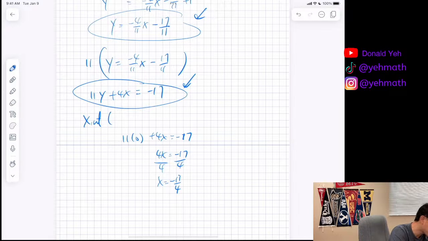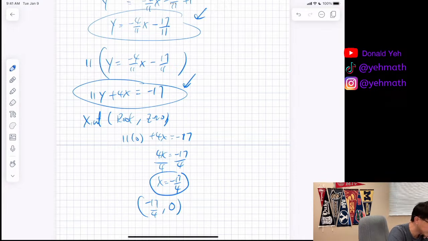Now x-intercept has different names: roots, zeros, that's the most common, and there's also solutions. So this is going to give me the x-intercept, but you cannot write x-intercept that way, because x-intercept is a coordinate. So it should be a coordinate here.